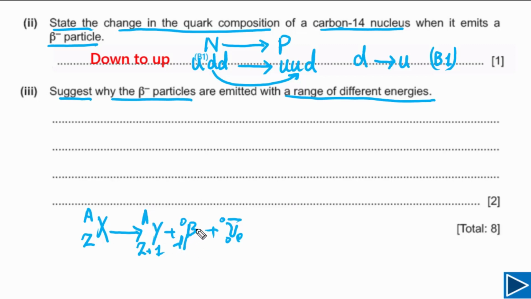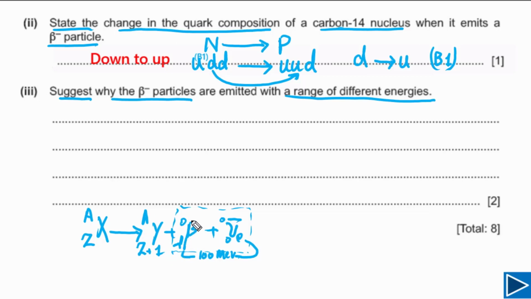Now our main focus has to be on these two particles in order to understand why the beta minus particle has a range of energies. Let's say the total energy of these two particles is 100 mega electron volt in one nuclear decay.